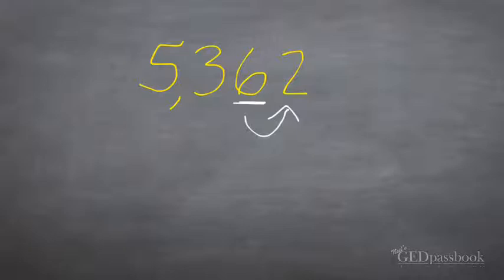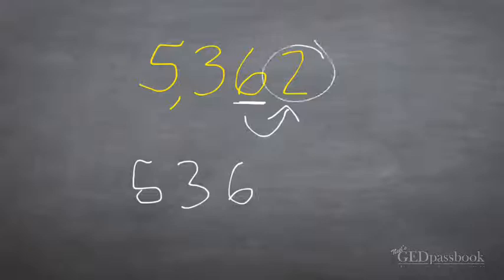It falls under the first rule, 1 to 4, which means that rule tells us keep it the same, because you have to pass 5 to add. Exactly. So this tells us that the 6 must stay the same. 5, 3, 6. And then everything to the right will always become 0.